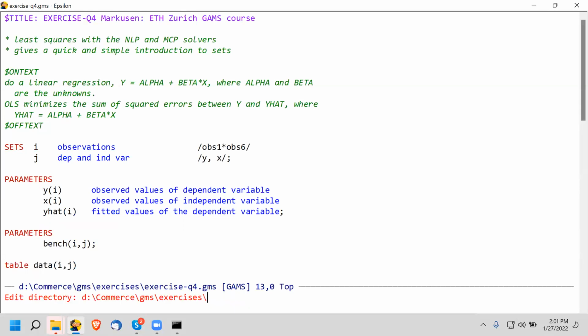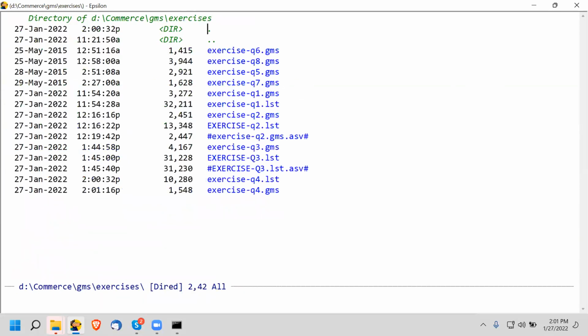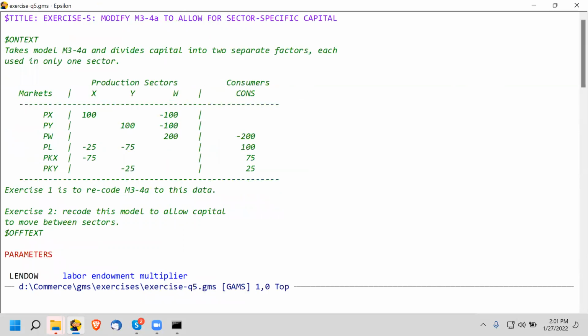Now let's just look at number 5 to see what it is. Sector specific capital. The model allowed for sector specific capital. Recode this model to allow capital to move between sectors. Well, we can try this one overnight and then go over it tomorrow.